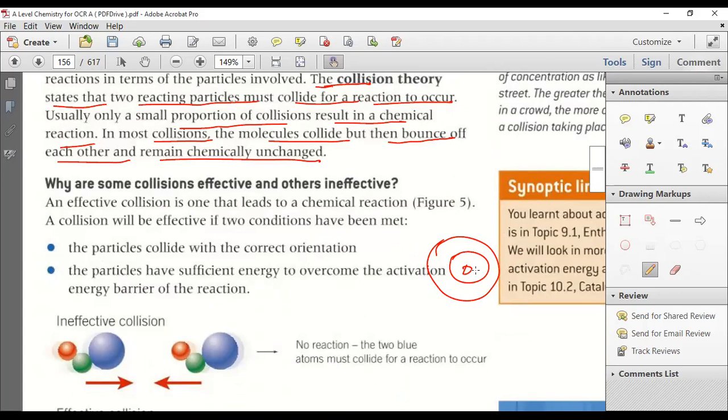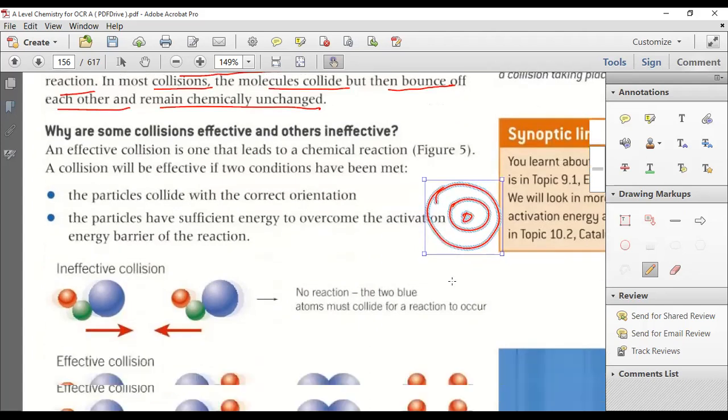It means you are throwing, so collision is there, but not every collision will result in the 10 pointer. In a similar manner, every particle is colliding with each other, but not all the collisions are effective. There are more ineffective collisions, but there are some collisions which are effective.